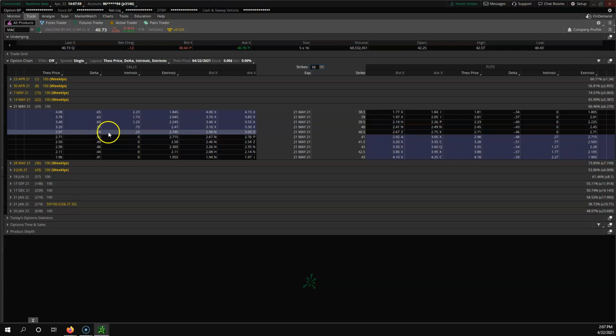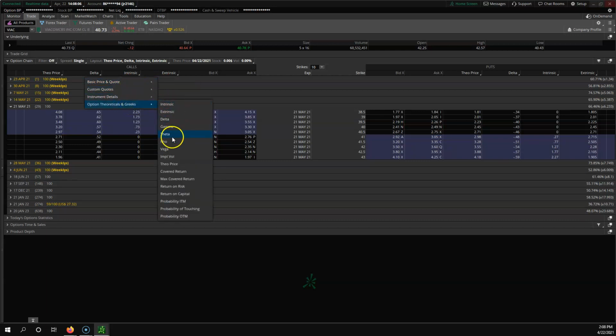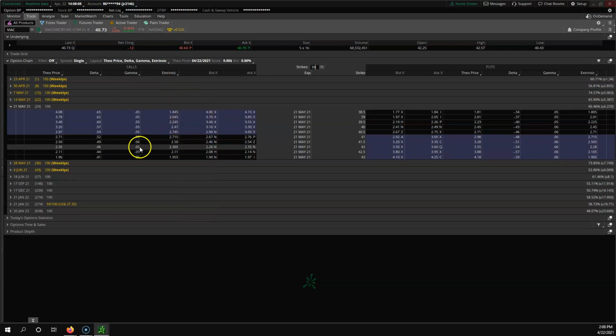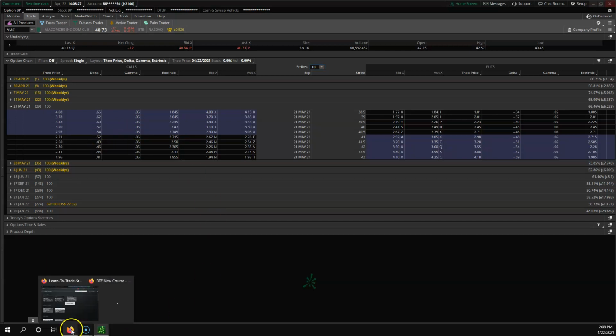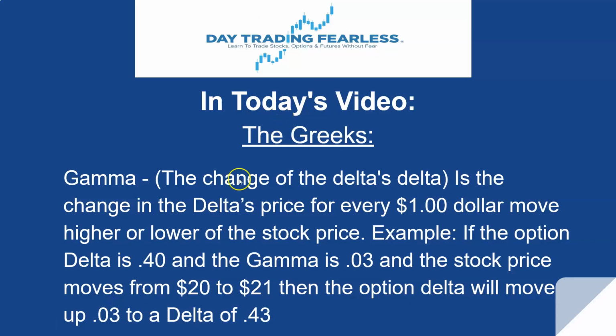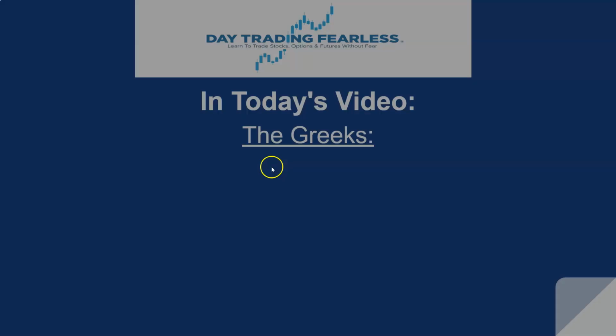And that's essentially what the gamma is. So if we come over here and look at the gamma, you have 5 cents. So a $1 move would put us up to about 59 cents, and that would put us at about 58 cents, give or take. But remember, all this is changing in real time. So that is the gamma.